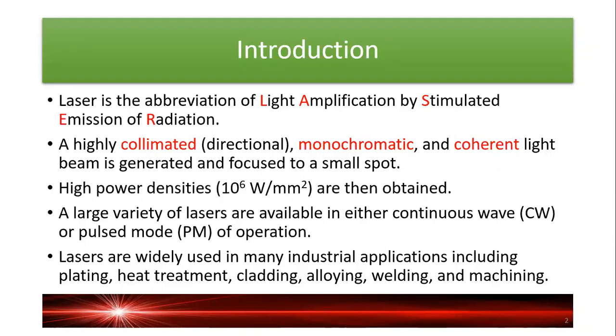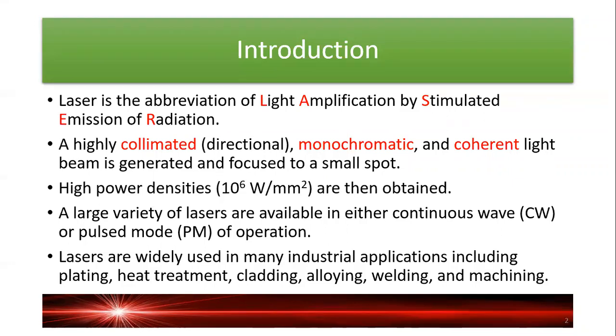So these three things, collimated or directional, monochromatic, and coherent light, are the characteristics of the laser, and you can focus them into a small spot, and because of that you can get very focused energy, which can burn, melt and vaporize material.